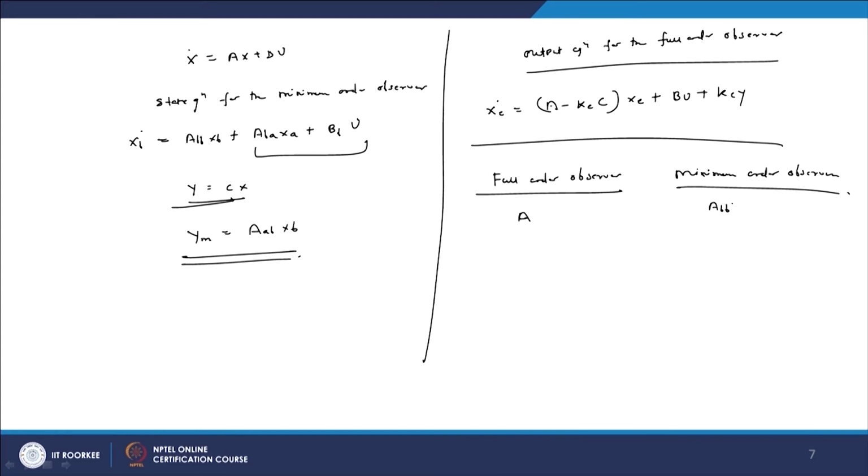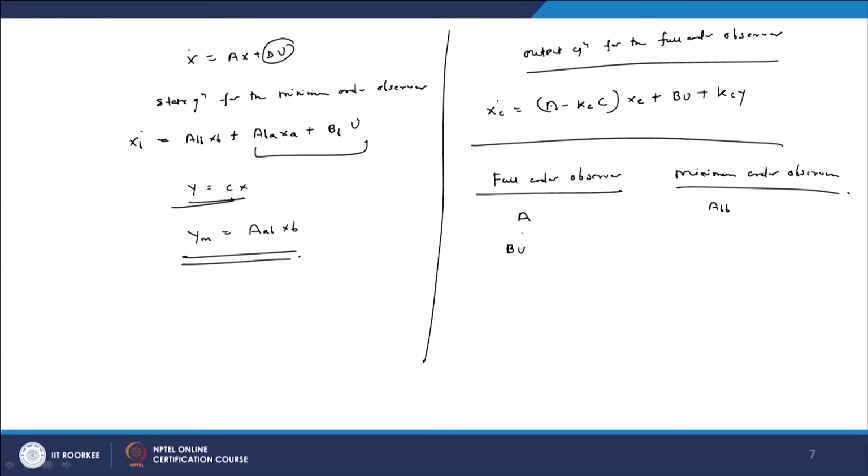Now, coming to the Bu matrix, x dot equal to Ax plus Bu, this is Bu. So, Bu in the full order observer corresponds here to ABA into XA plus BB into U. So, now we have written the state equations.